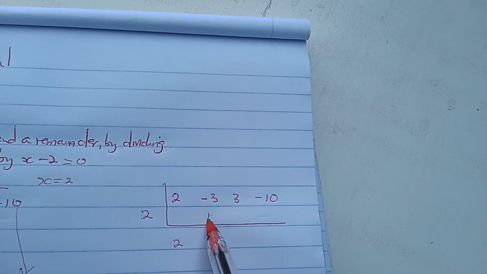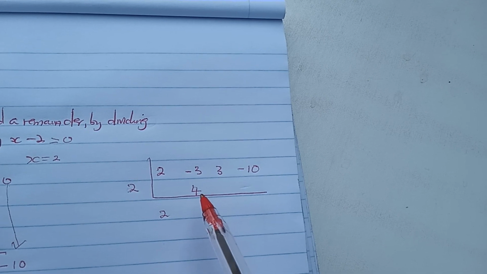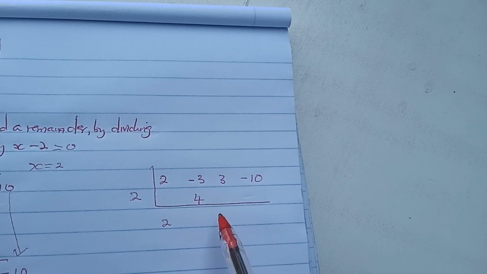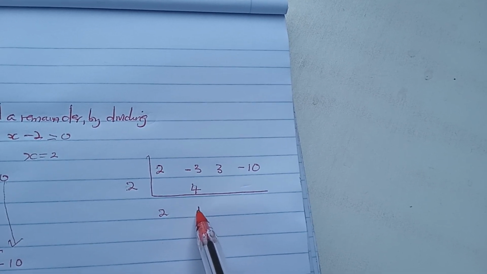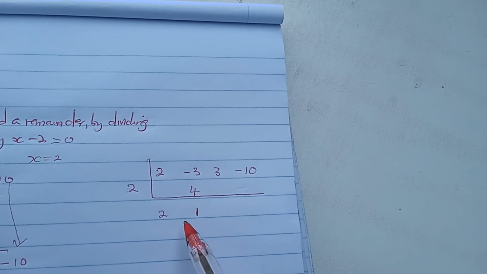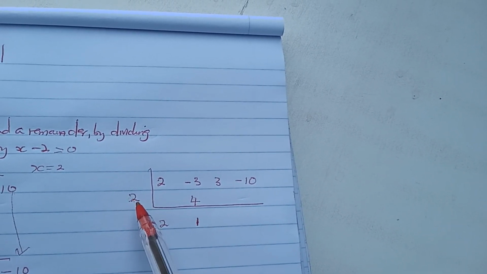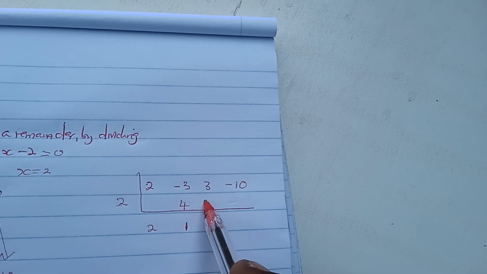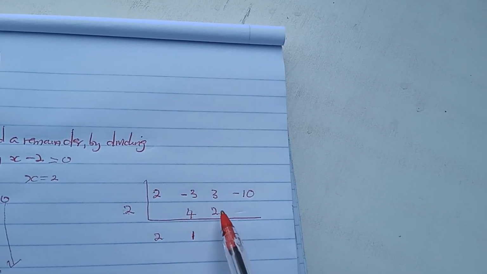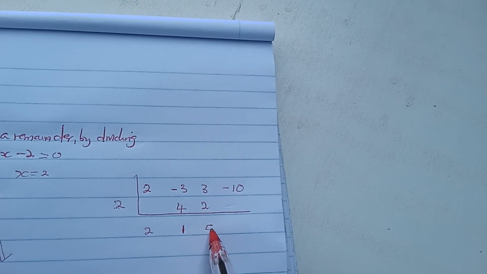Negative 3 plus 4, the answer is 1. We write it here, and then again multiply this 1 by that 2. So 1 by 2, the answer is 2. We bring it under this 3, and add the column as well. So 3 plus 2, the answer is 5.